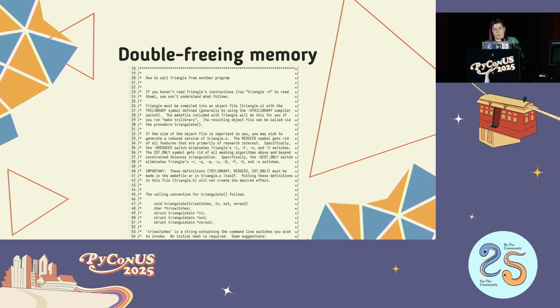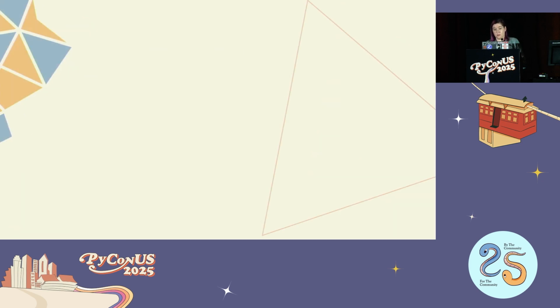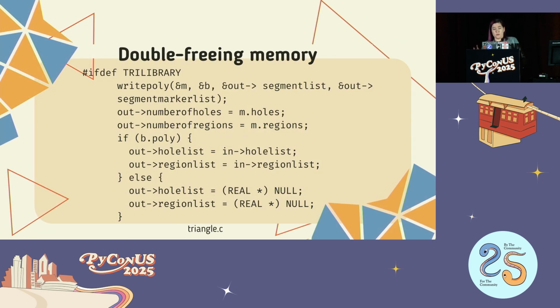And that was because of the specific flags that I was setting. This is the documentation within Triangle of what each one means. There was a macro that was being triggered by adding the P flag, and it was for writing polygons to the output.